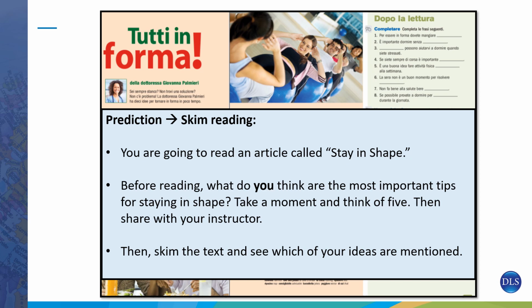So you would probably want to cover the text and just show the images and the title, and then tell the student to predict 5 things that are going to be in the article. And then after they have a moment to do that, you can turn your prediction activity into a skim reading activity. Ask them to skim the text and see which of their ideas are mentioned. So you kind of get 2 for 1 there.